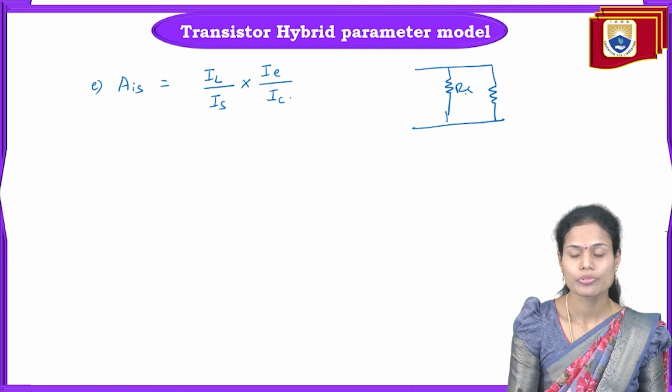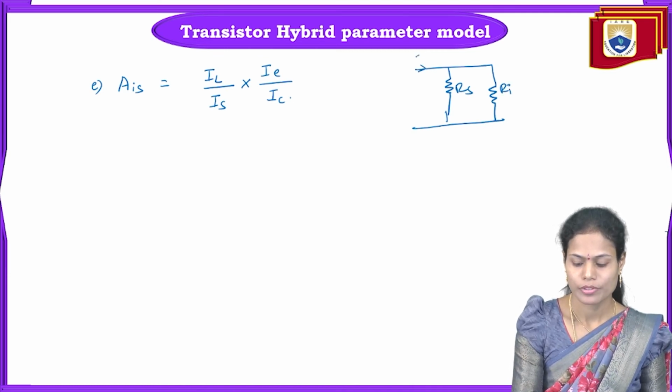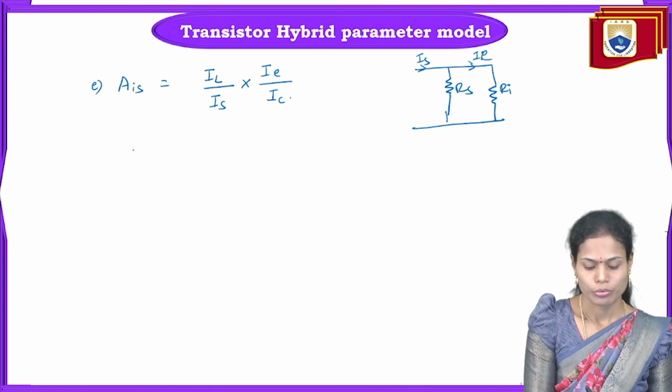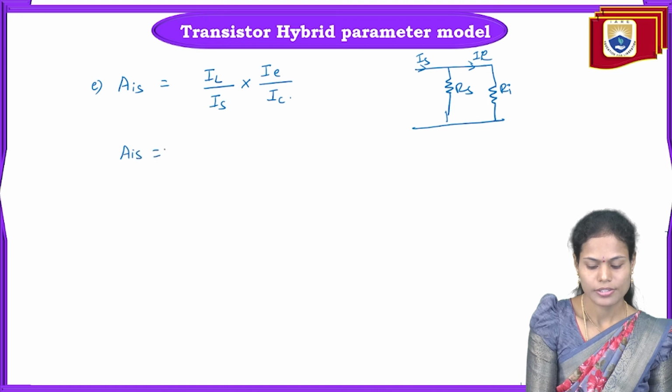This is source resistance and this is input resistance, and here the source current is flowing and here the input current is flowing. In this case, this current is the emitter current. So I can write Ais is equal to Ai into Ie by Ic.